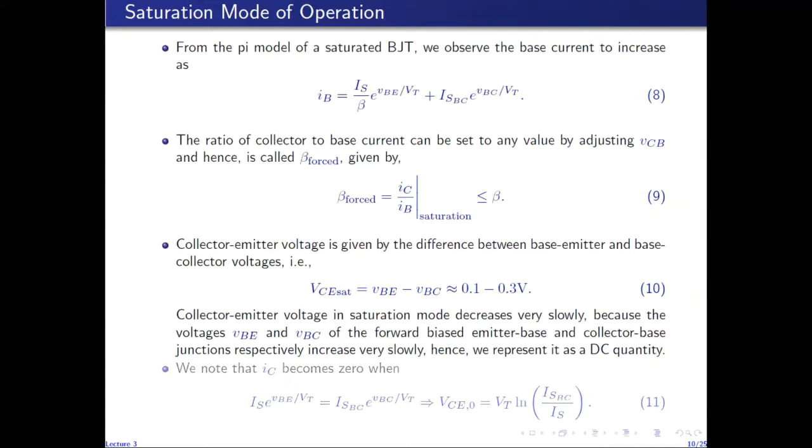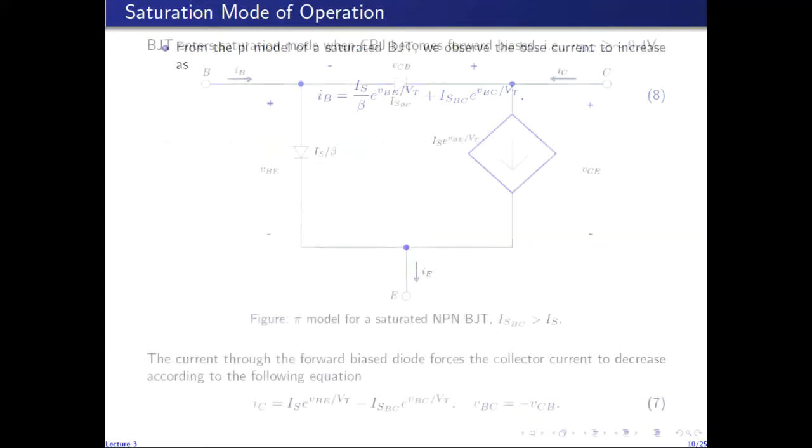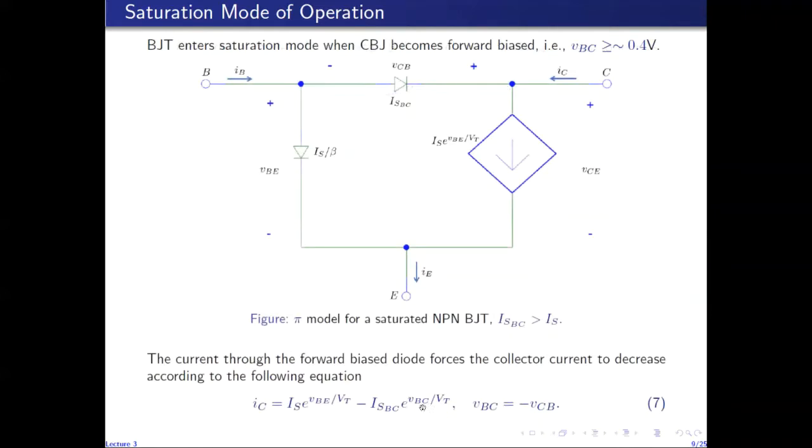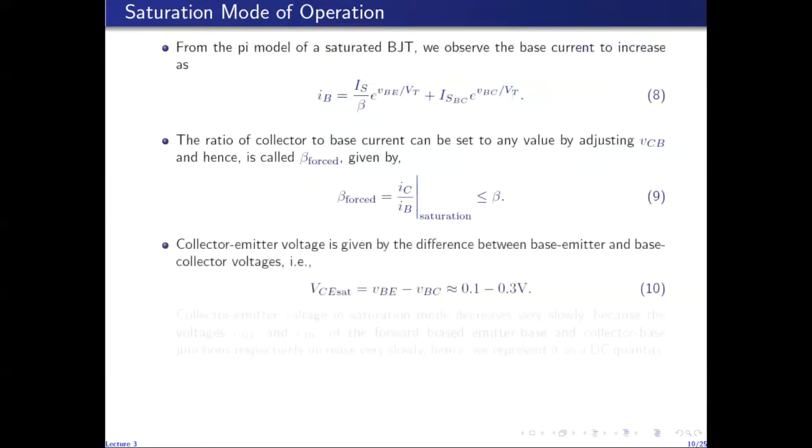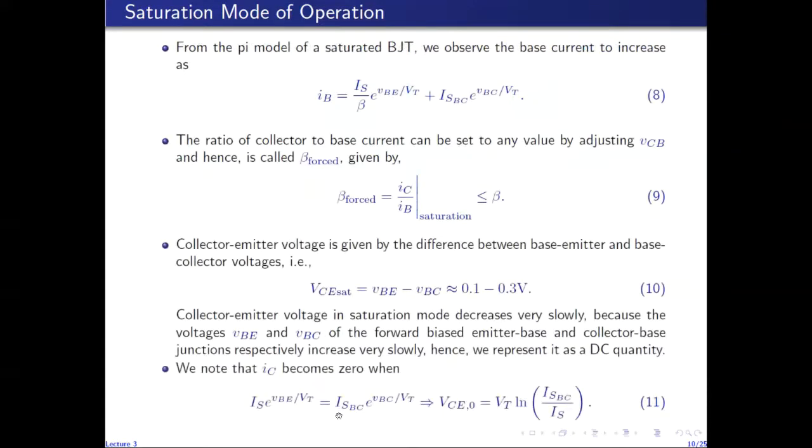We also note that since collector current decreases with increase in VBC, there will be a voltage VBC at which this term equals this term. At that point, collector current will become 0. So when the current through the forward bias collector base junction equals the current through the forward bias emitter base junction, the collector current goes to 0, and this happens at the collector to emitter voltage which is given by this expression.